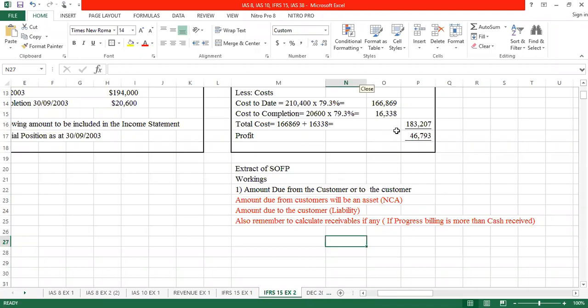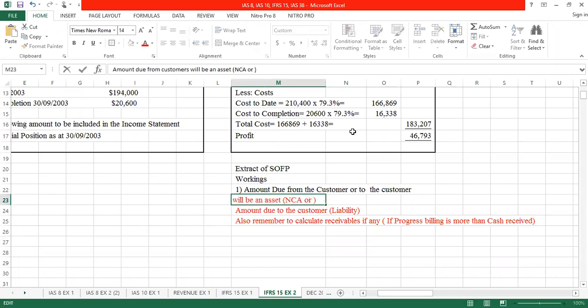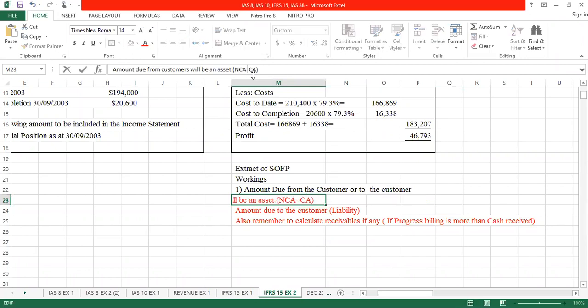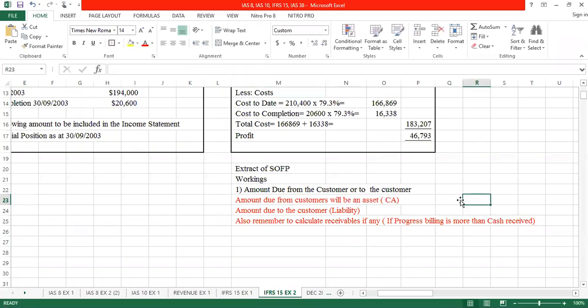Now, is it a current asset or a non-current asset? Let me clarify there. Many people treat it as a current asset, but sometimes it can also be a non-current asset if it is the amount for the next one year. Ideally, just put it as a current asset at your level, because we are assuming the government will not default in payment.